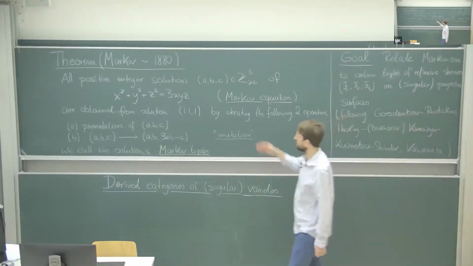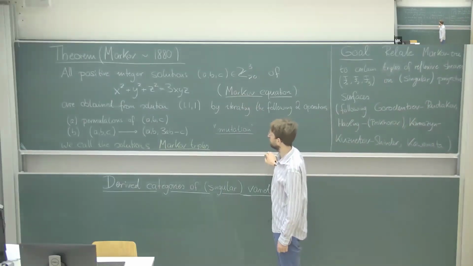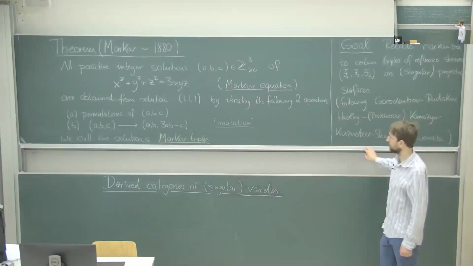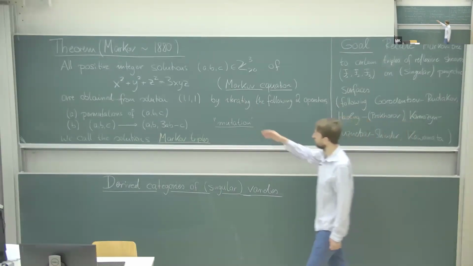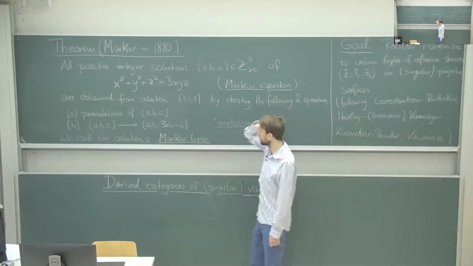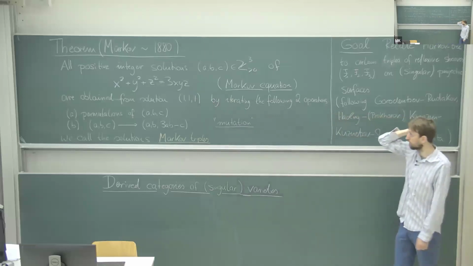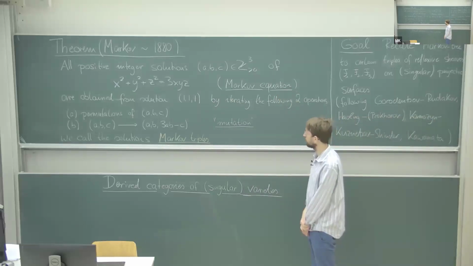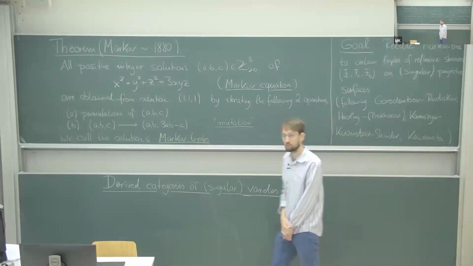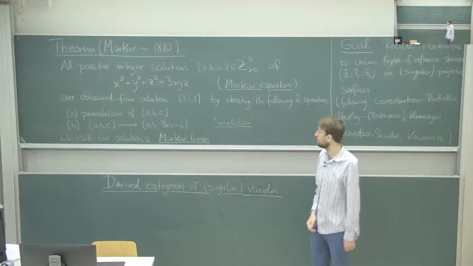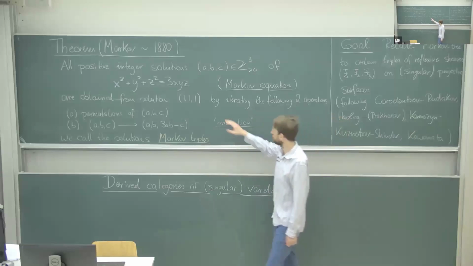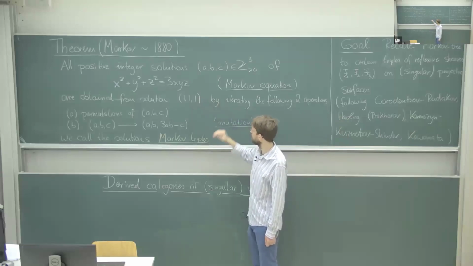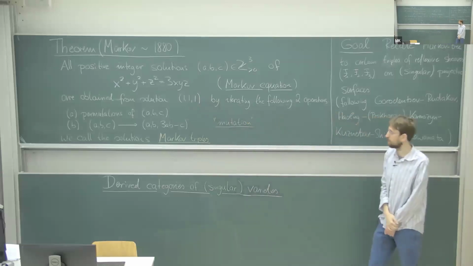This is the theorem due to Markov almost 150 years ago. It says that if we look at this Diophantine equation, x squared plus y squared plus z squared equals 3 times xyz, known as the Markov equation, then all positive integer solutions can be obtained from the almost obvious solution 1, 1, 1, by iterating two operations.